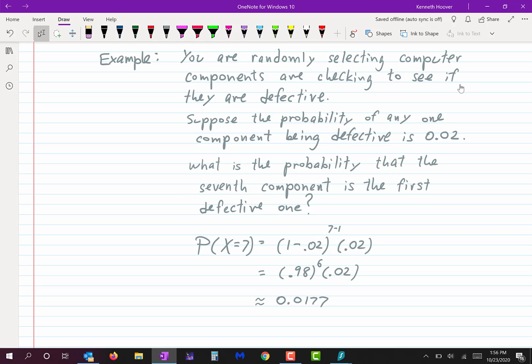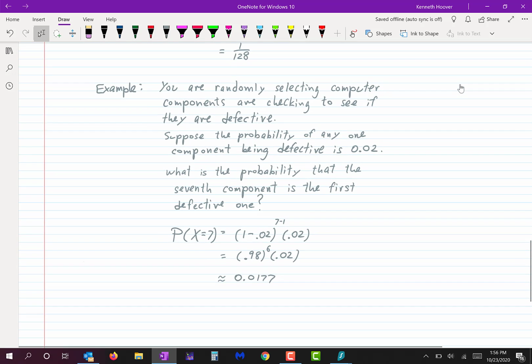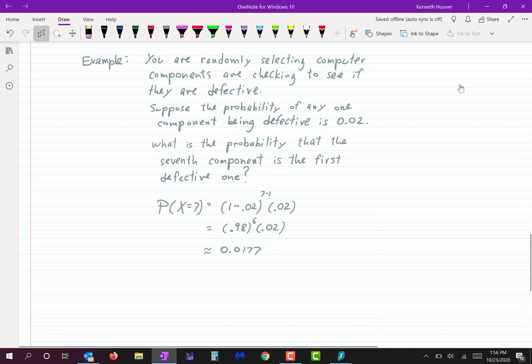Okay, but now I want to show you how to do one more type of question. Let's do a follow-up here that says, here's how the question will be worded.